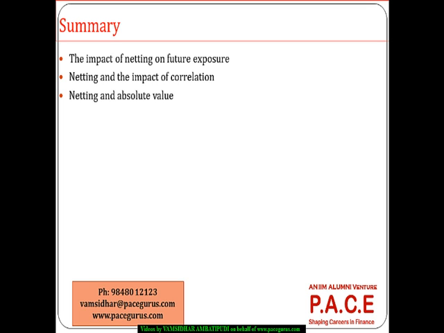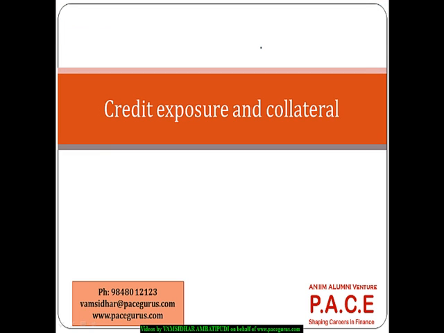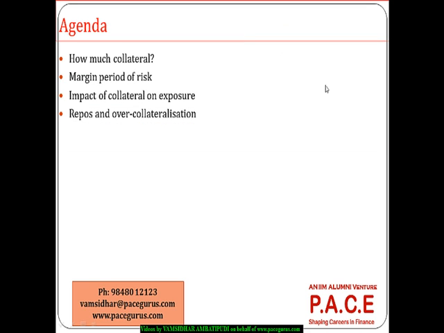All right. Now let's try to understand the impact of collateral on the credit exposure. How do I really compute the credit exposure while collateral is present? Because now we know that if netting benefits are there, netting is done, what is the process to compute the credit exposure? Now I am trying to find out, if collateral is there, how do I compute the credit exposure?